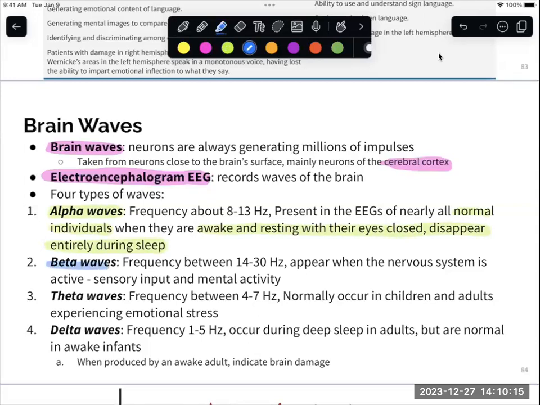Beta waves. These beta waves are when you have some sort of mental activity, sensory input is occurring. Theta waves. Theta waves are normal in children and adults with emotional stress.